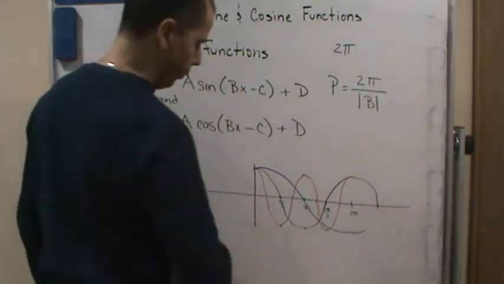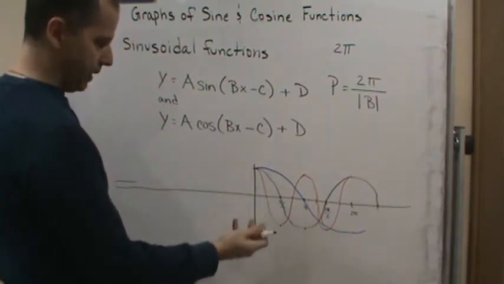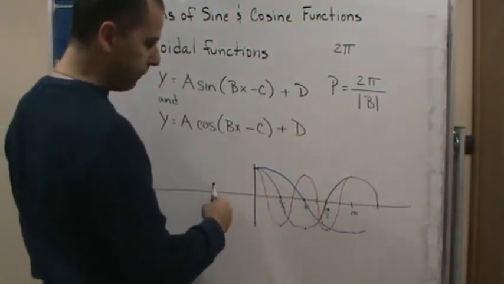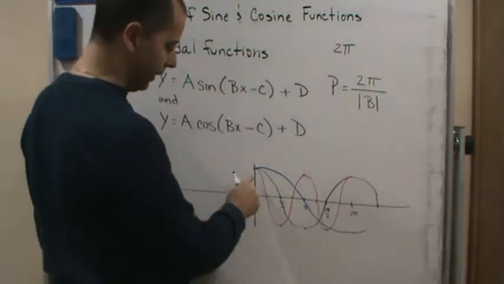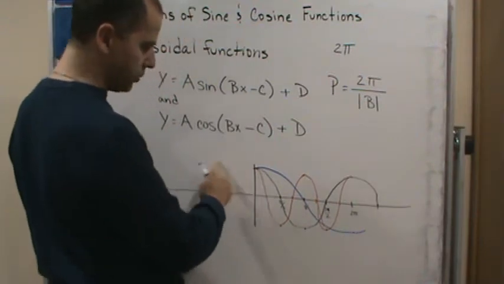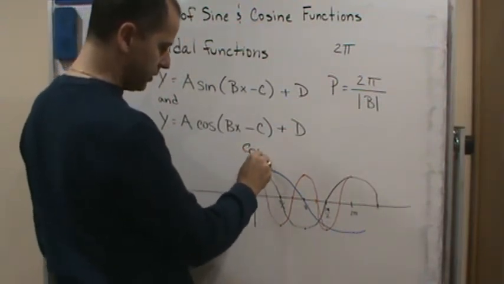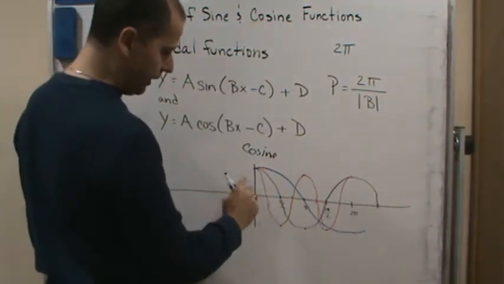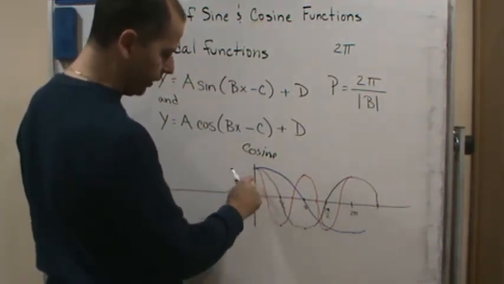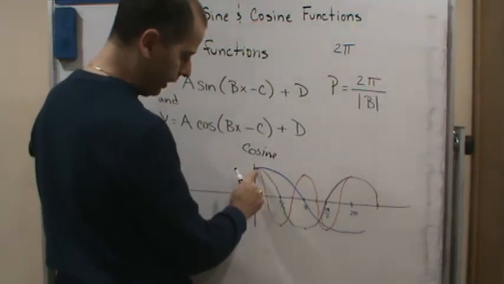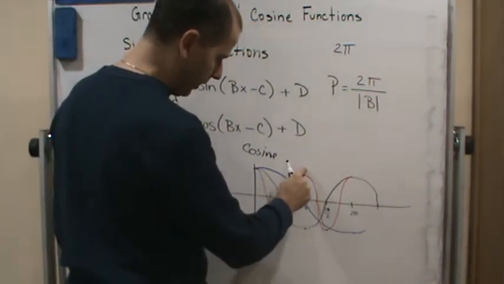So which one of these would represent a period of pi? Which one repeats the pattern every pi? It's going to be what's in red. In red, you start down here, so this is a cosine function. A period of pi would be from here to here.